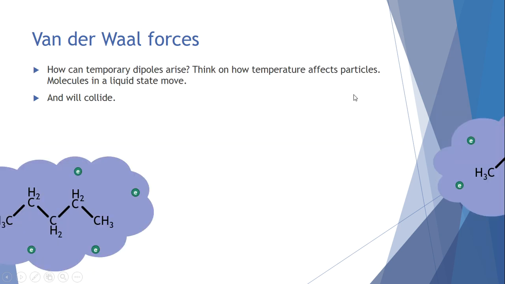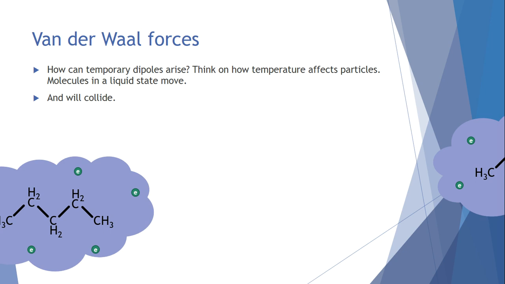And how does this work? Well, first we need to think about how could we possibly get temporary dipoles, because this compound here, which only contains hydrogen and carbon, the difference in electronegativity is low. It's 0.4 if I recall. So we don't expect them to be dipoles in any way. So how would they get these temporary dipoles?